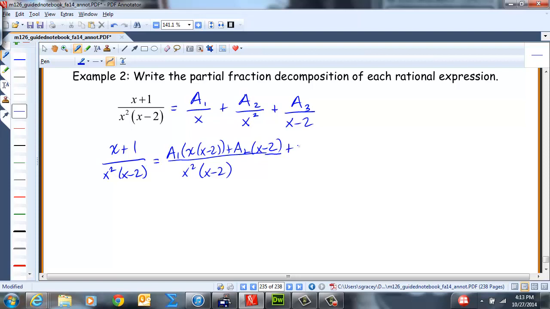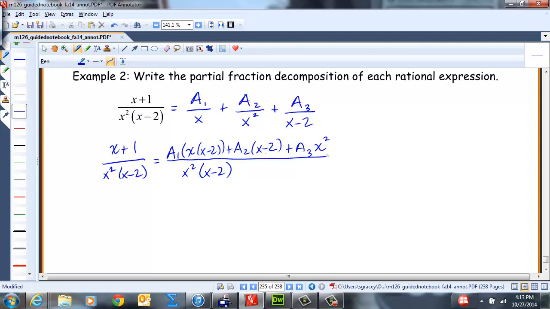And then a3 is missing, good, the x squared. Let me make this neater so you can read it better.